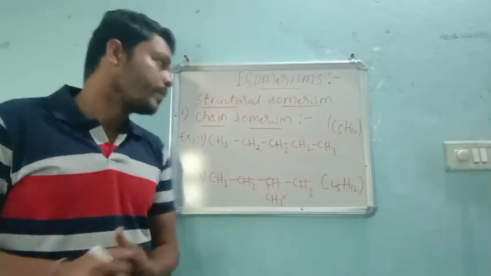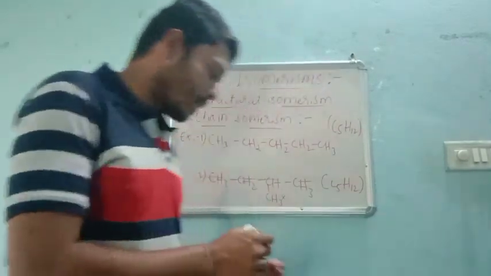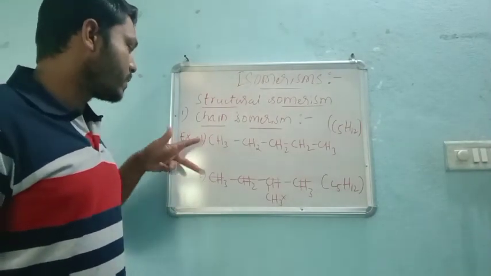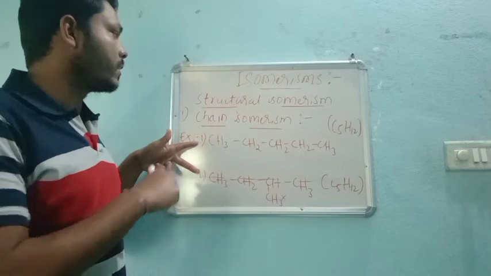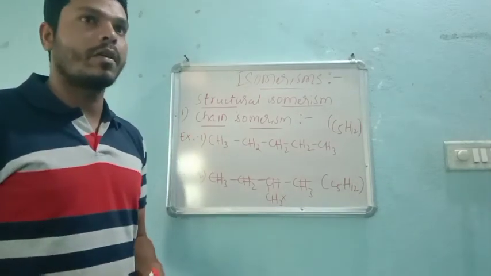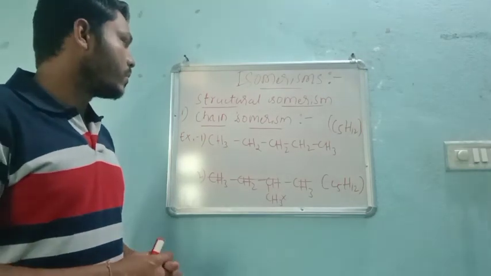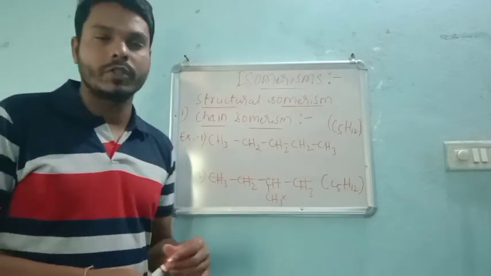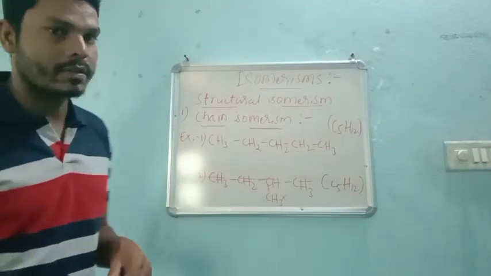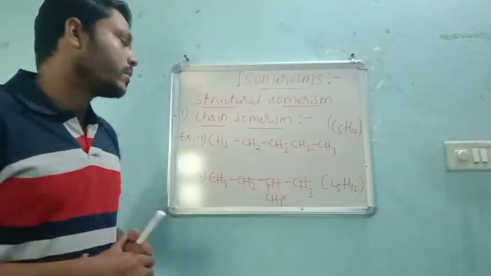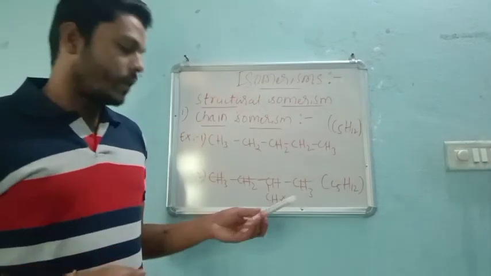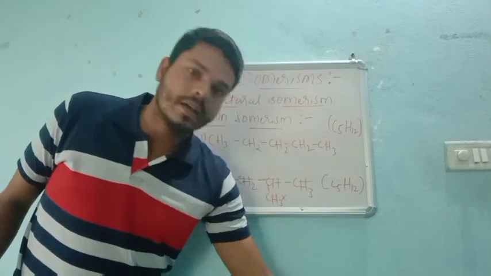So they differ in their chains. Dear students, this is all about today's class. In tomorrow's class we will continue with position, functional, and metamerism. Those classes are very important. During the next session we'll complete all the isomerisms. Thank you.